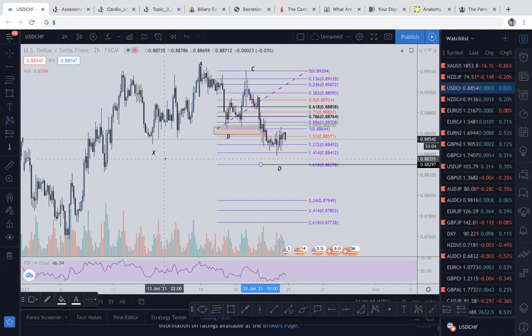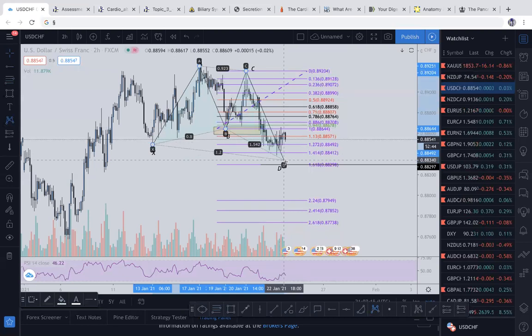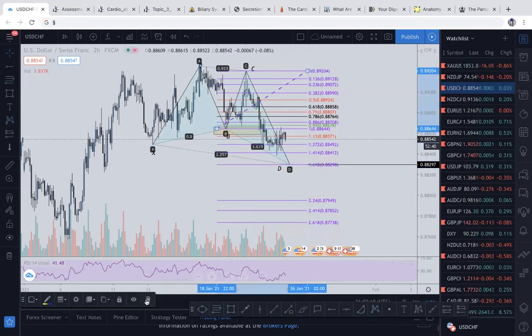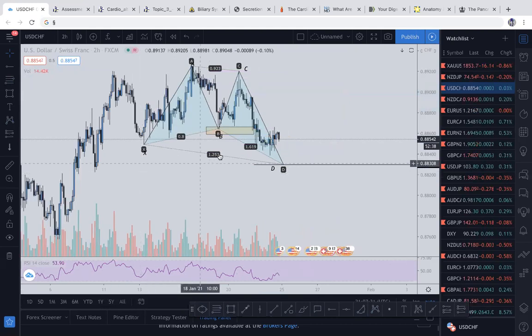And now you can take your pattern X to A to B, B to C, C to D. So this is not ready. We are waiting for the completion of this pattern in order to take it higher.